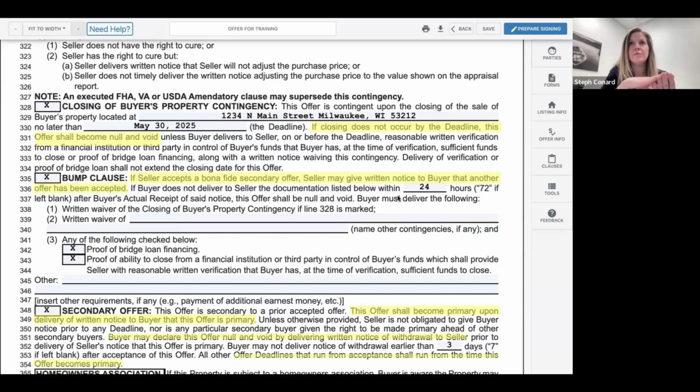They come to their own terms, and the buyer is in that secondary position and just hangs out for this 24-hour or 48-hour period. Then they learn whether or not they're going to be moved into primary position. And if they're not, then they just move on.